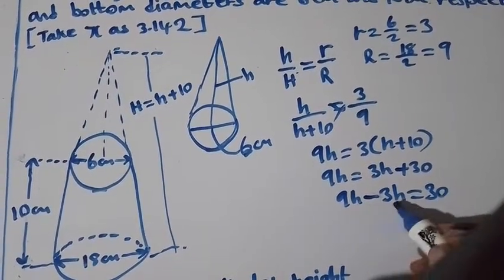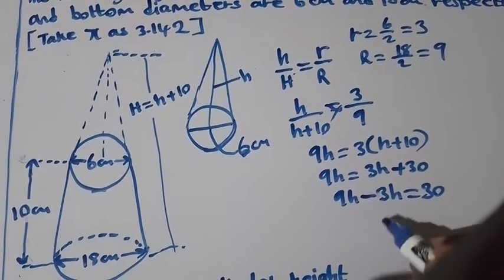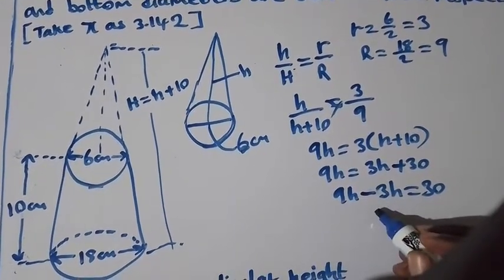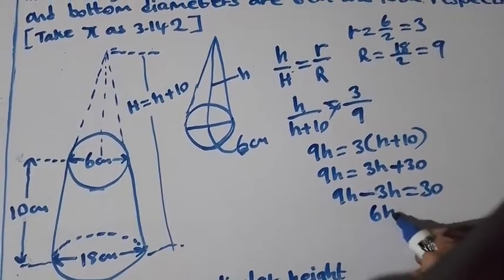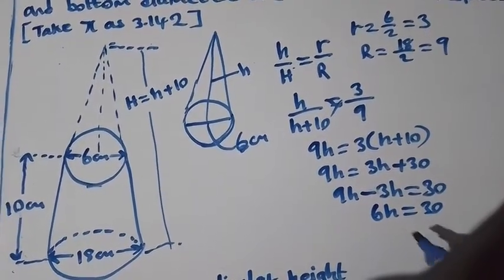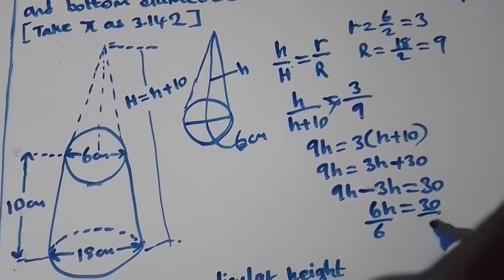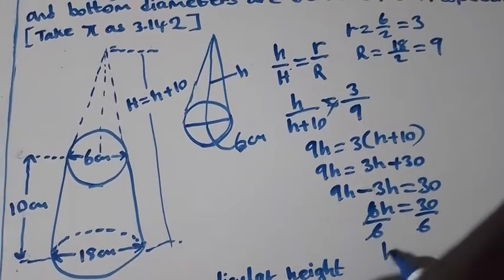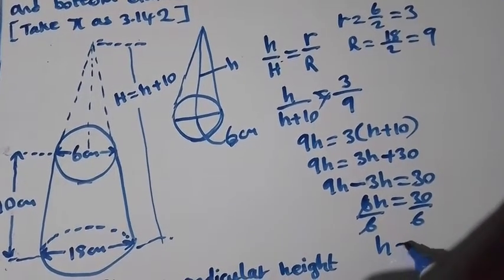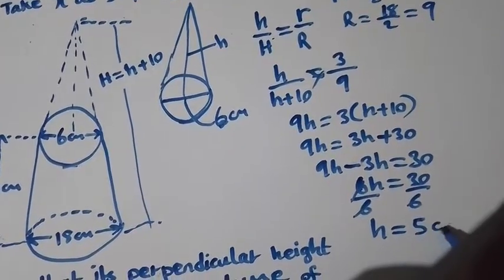So 9h minus 3h, we are having 6h equal to 30. We divide both sides by 6, so our small letter h will be equal to 5 centimeters.